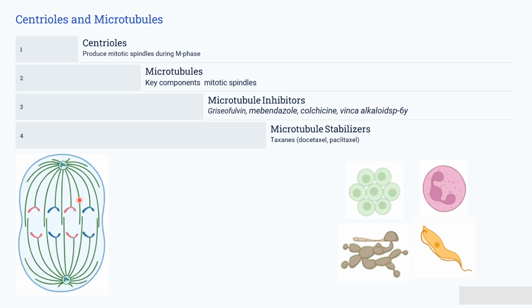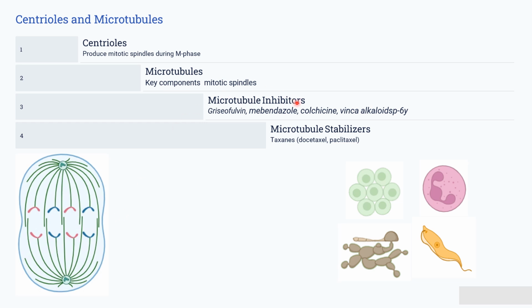So we need to know what are those which will inhibit microtubules in the cell. For that, I have a small diagram. Mostly the anti-cancer chemotherapeutic agents will act in this case, because we don't want the cell to proliferate. If we allow the microtubules to work on their own, they will keep on producing cells, right? We don't want the cell to proliferate in cancer.